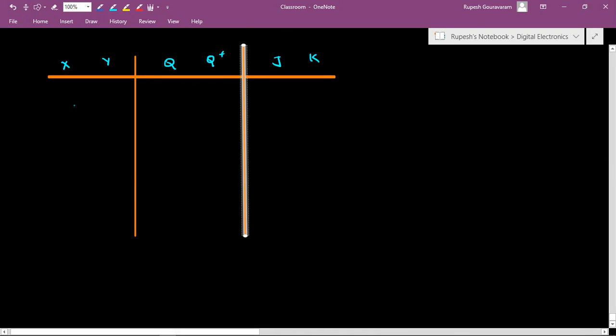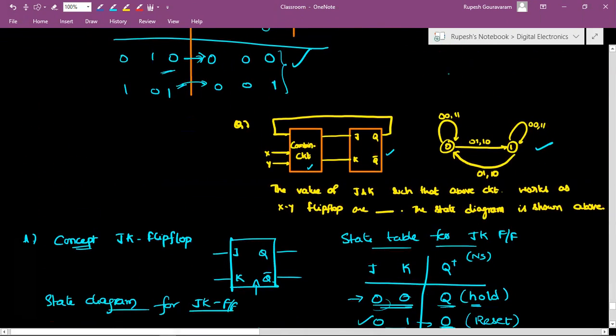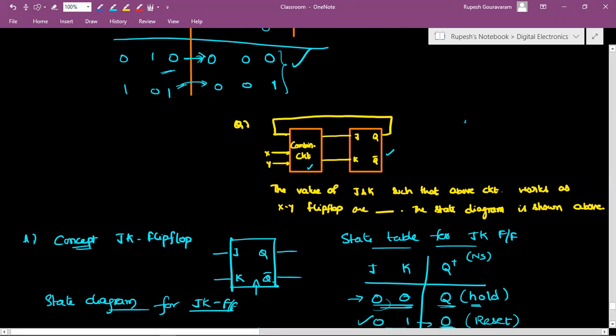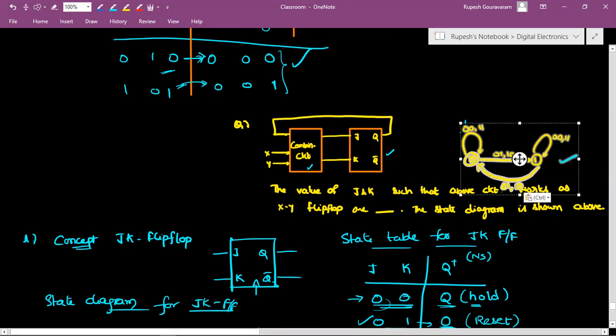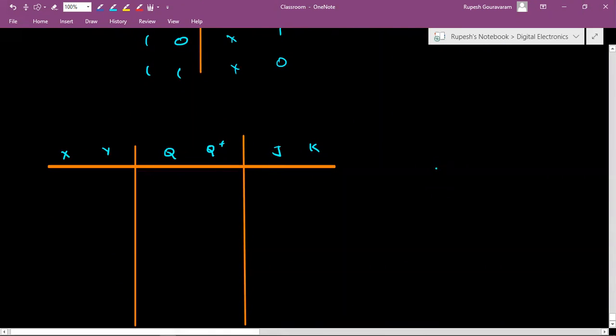Now, if a scenario is given, we can note it here. So in the question it is given, this is the given state diagram. So let us bring it here also.